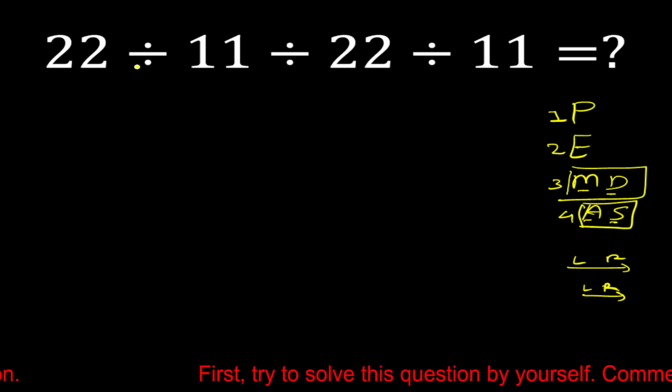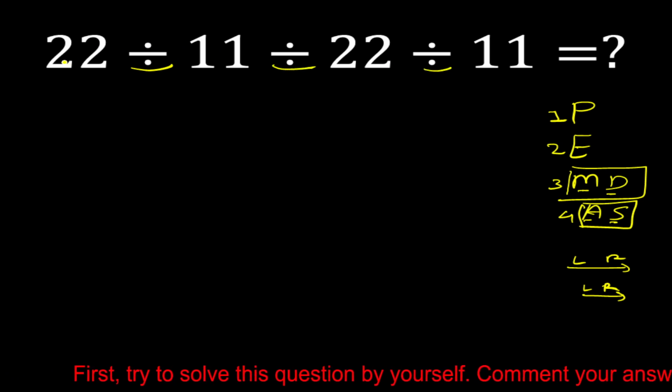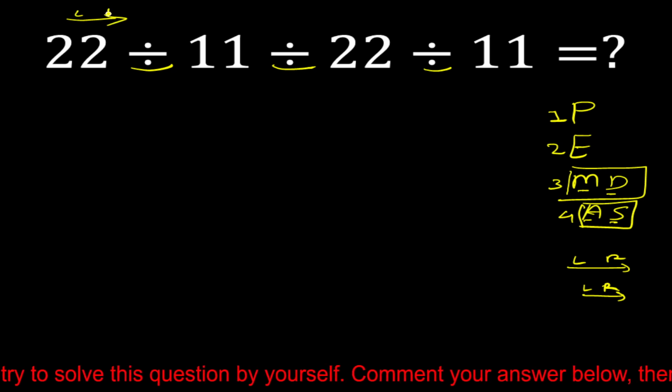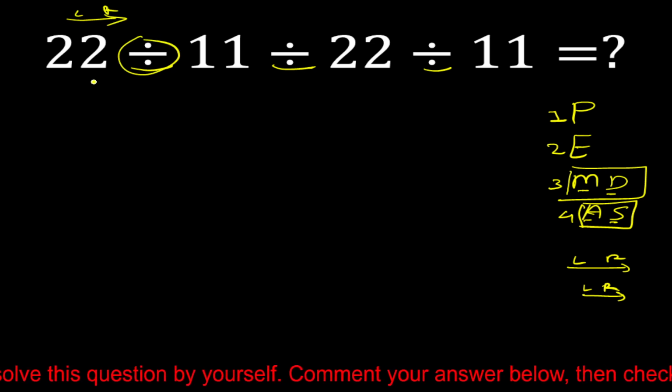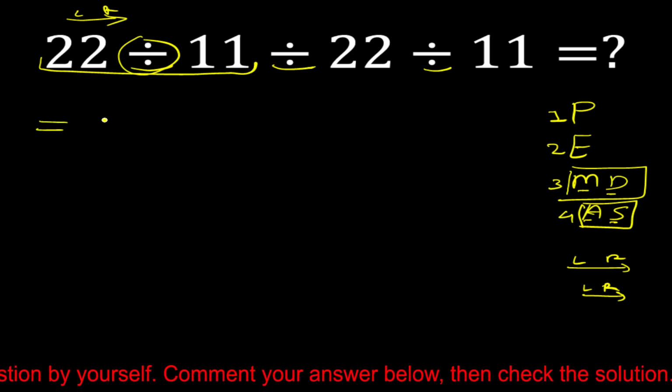So here is one division, here is division, and also here is division. All have equal priority, so we have to solve it from left to right. So first we have to solve this division. 22 divided by 11 is equal to 2.